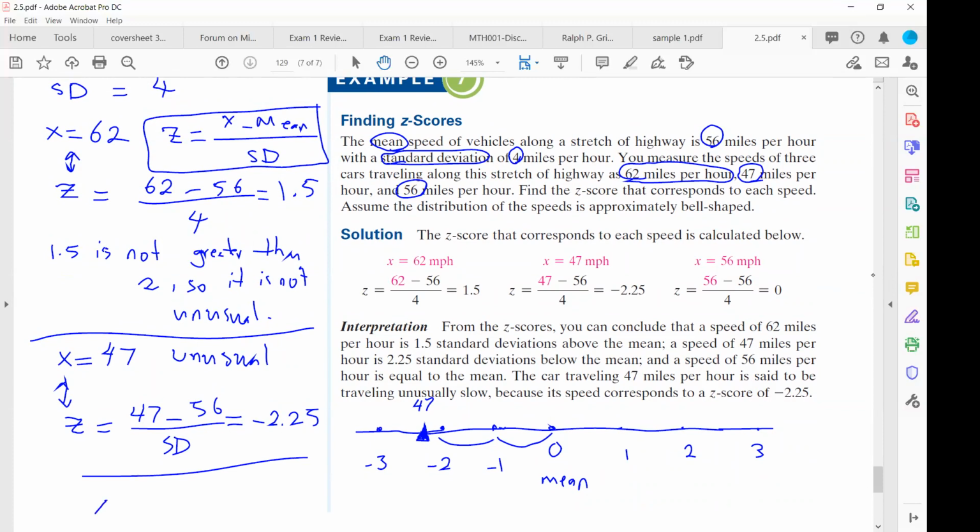So if X is 56, your Z is 56 minus 56 divided by standard deviation, which is 4. 0 divided by 4 is 0. And this is just here. And this is for 62. It's not unusual.